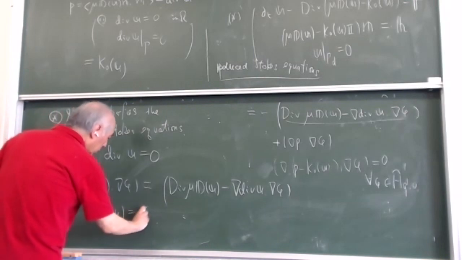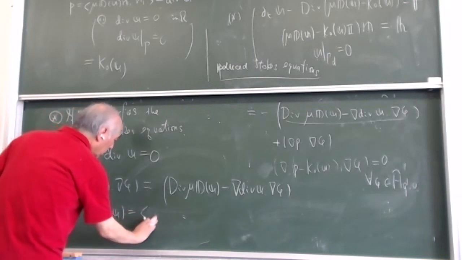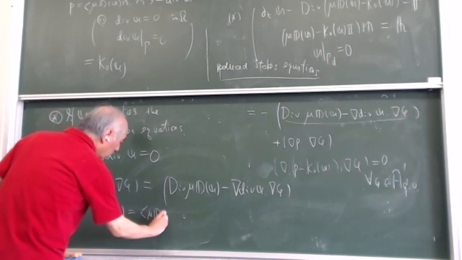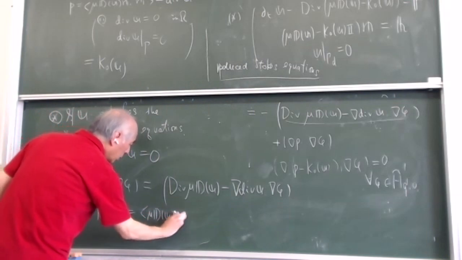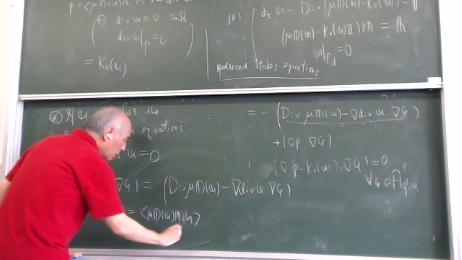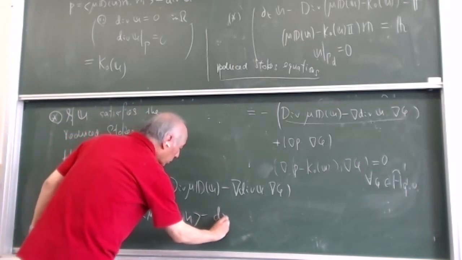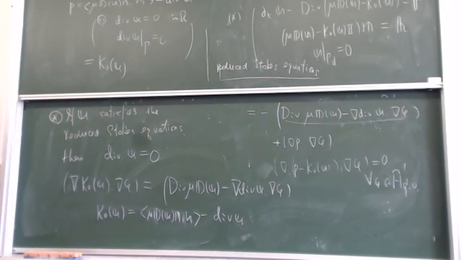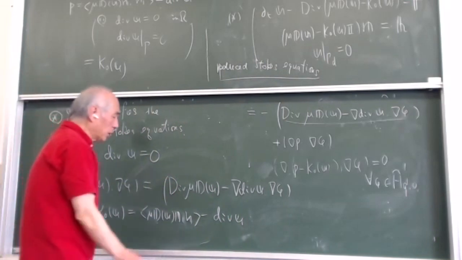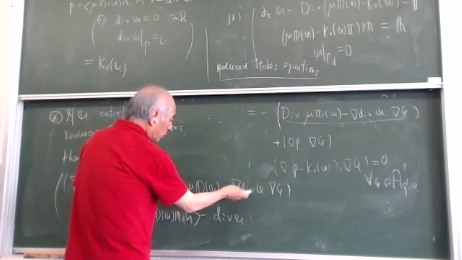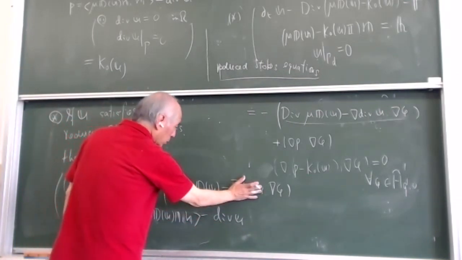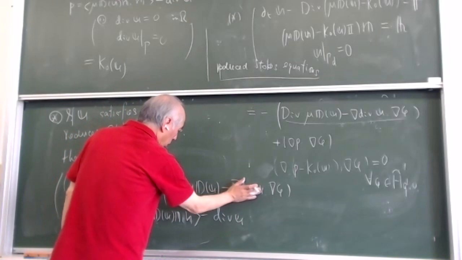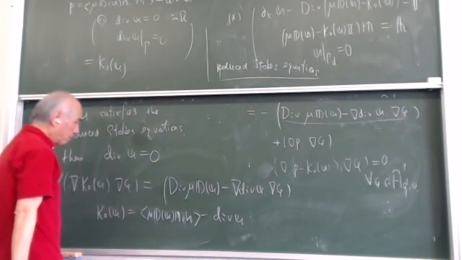Yeah, but artificially we put here. And artificially means that div u equals 0, therefore you neglect these two terms.